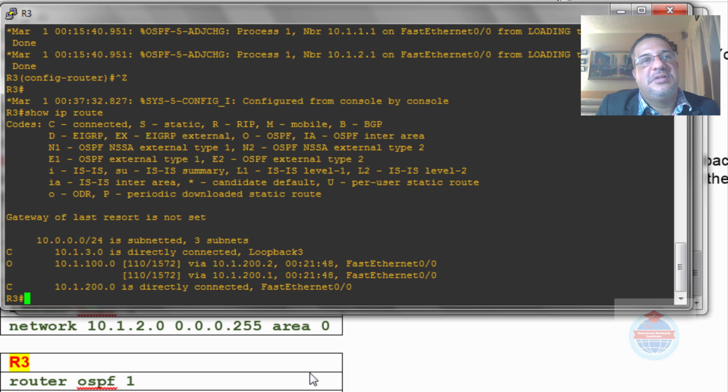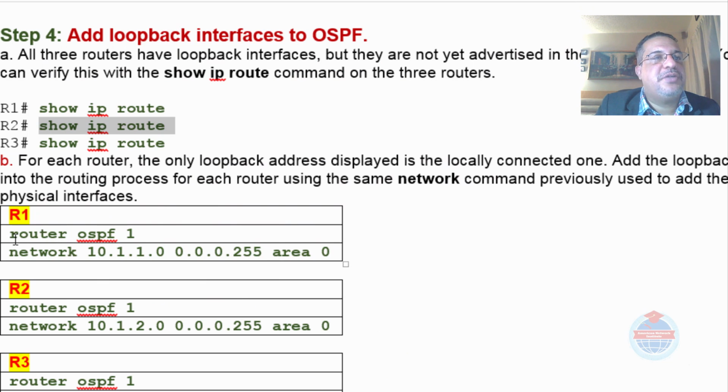Got it, guys? So we apply this stuff on each one of them. For each router, the only loopback address displays locally connected one. So the locally connected ones are loopback 1, 2, and 3 that we previously saw.